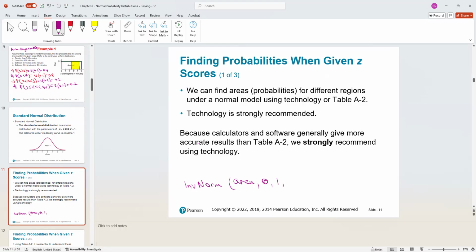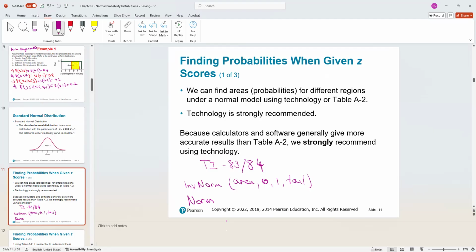Now you only need to know your tails. What would be your x? You can use those types of formulas on the TI-83 or 84 to find a normal distribution. You either use that or you use normalCDF or normalPDF, because we do both.